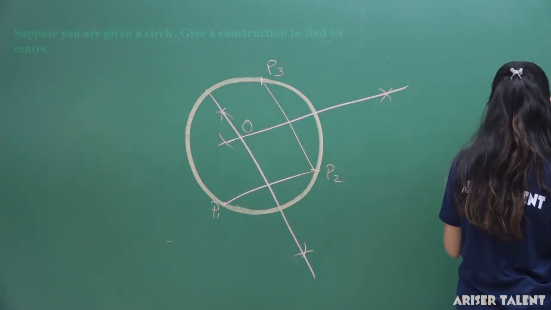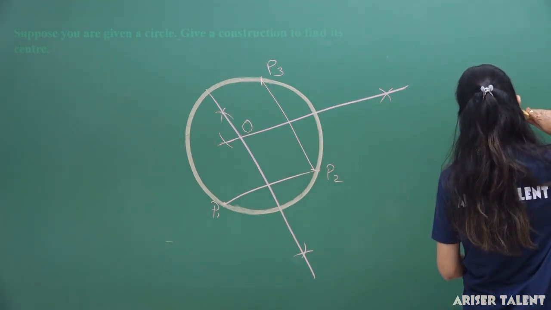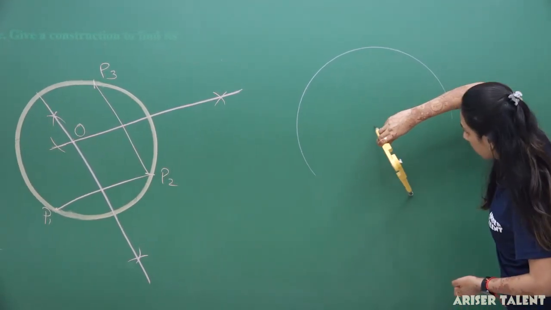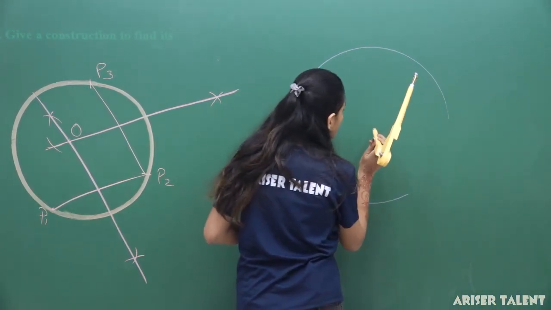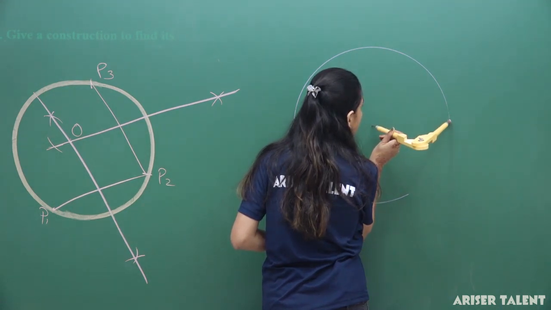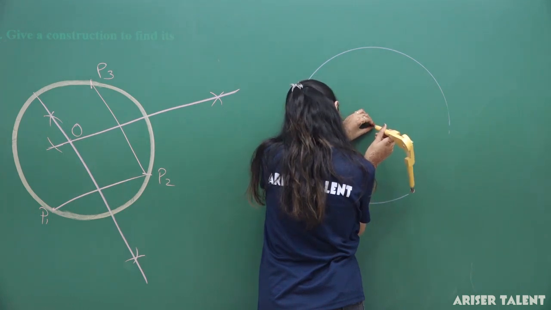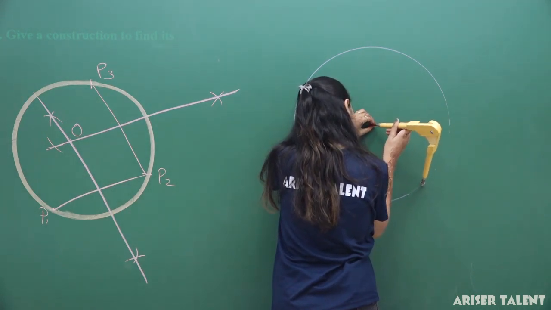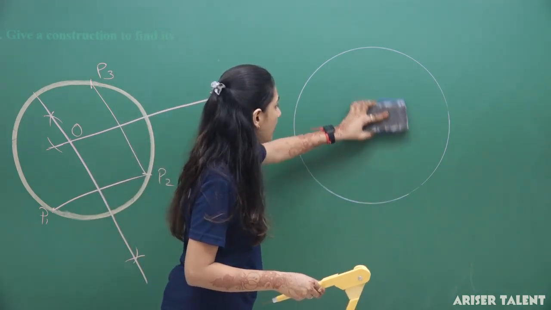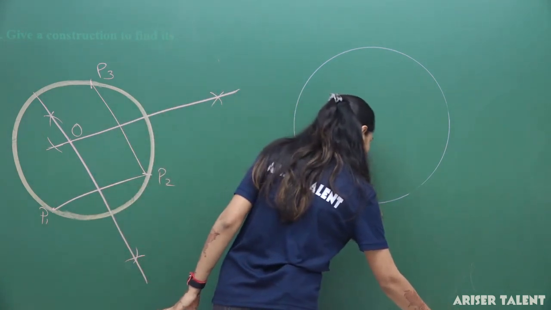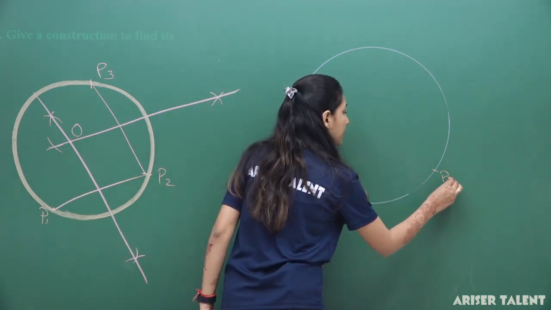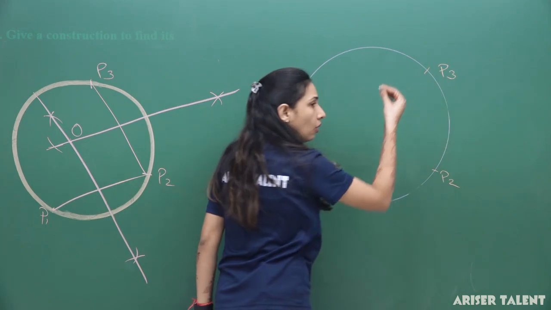Let's suppose this is the given circle. Now you don't know the center. What will you do? You will take 3 points, that is P1, P2 and P3, as I have told you.